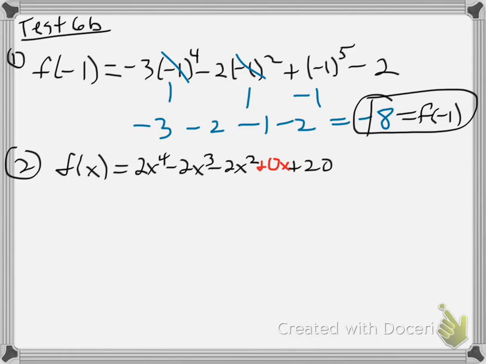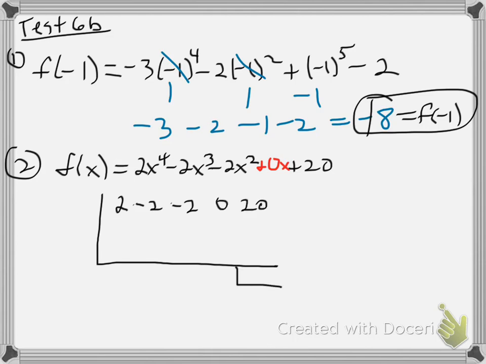So when I do that, it says use synthetic substitution, which is another way of saying synthetic division. So we're going to go like this: 2, negative 2, negative 2, 0, 20. Do it in there. And I'm supposed to use it for f of 3. F of 3 is what they want.